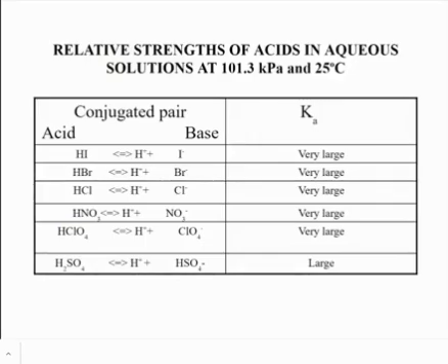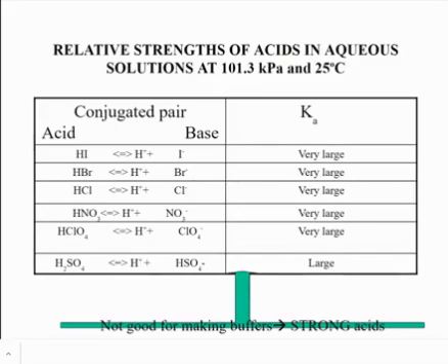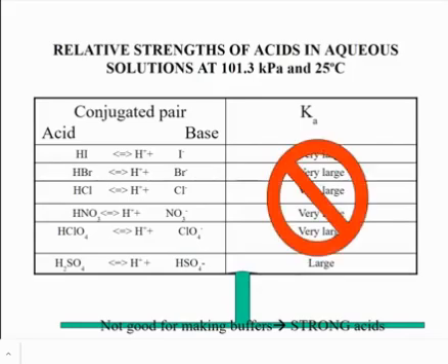This is a list of our strong acids. If you don't know the strong acids yet, you need to get those under your belt. Remember, this buffering system is not made of strong acids. Strong acids are not good for making buffers because the conjugate bases of strong acids do not have the ability to consume any H plus, and vice versa for bases.